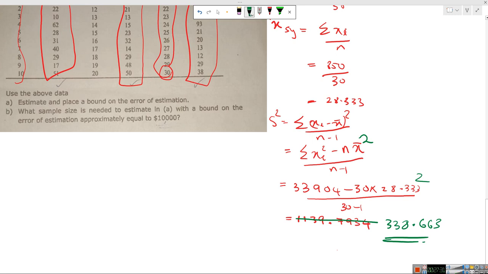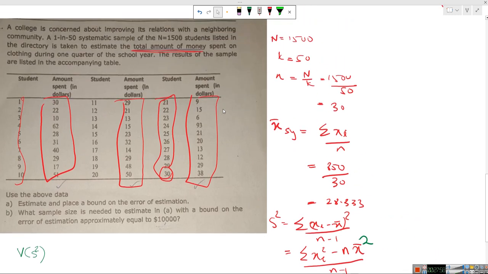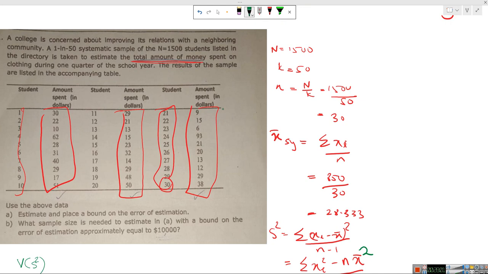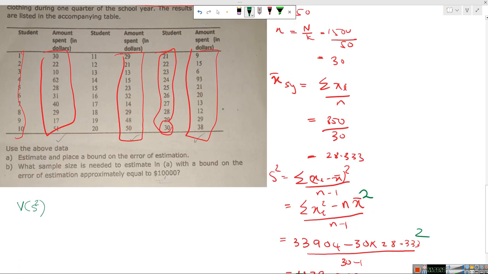Now we will look at estimating the total. So now we have to find out the variance of tau hat, because we need to estimate the total amount of money taken. So the total amount of money means these are dollars, right?